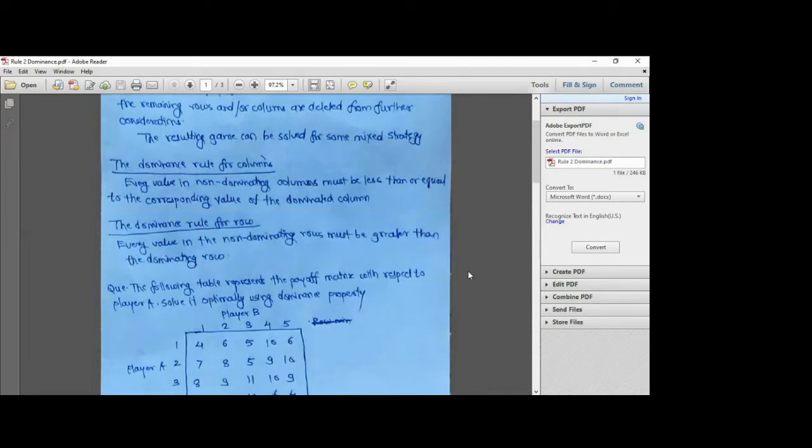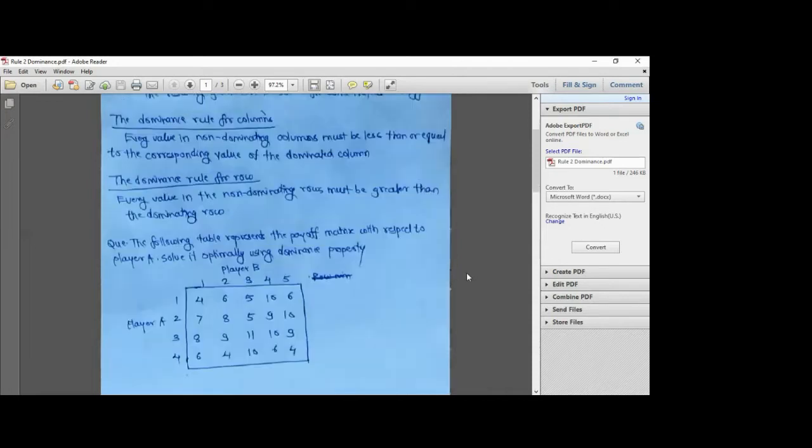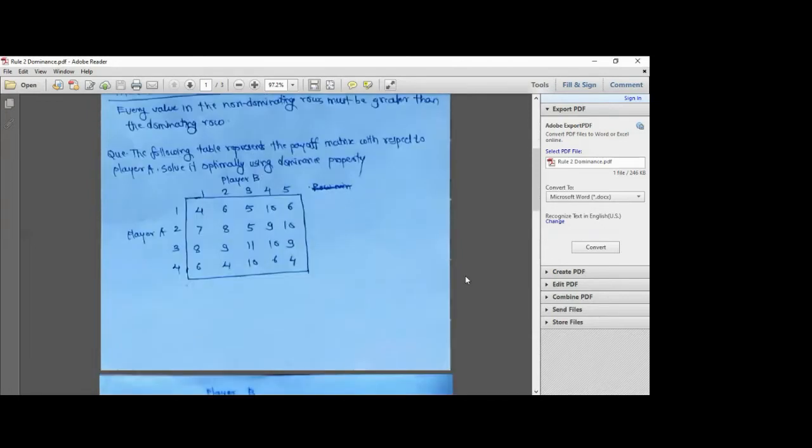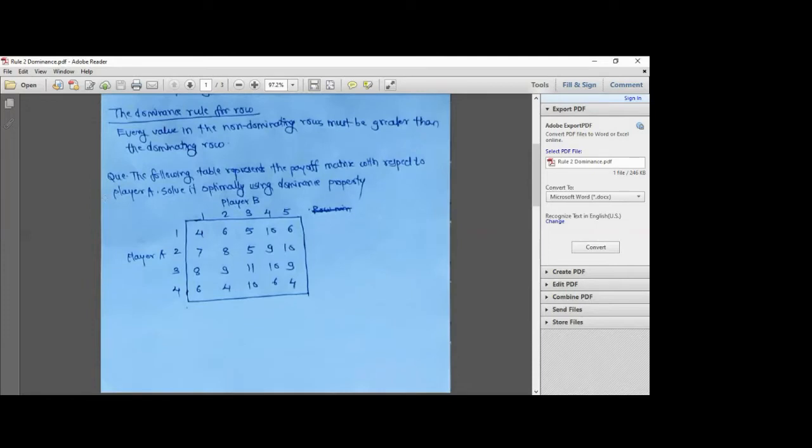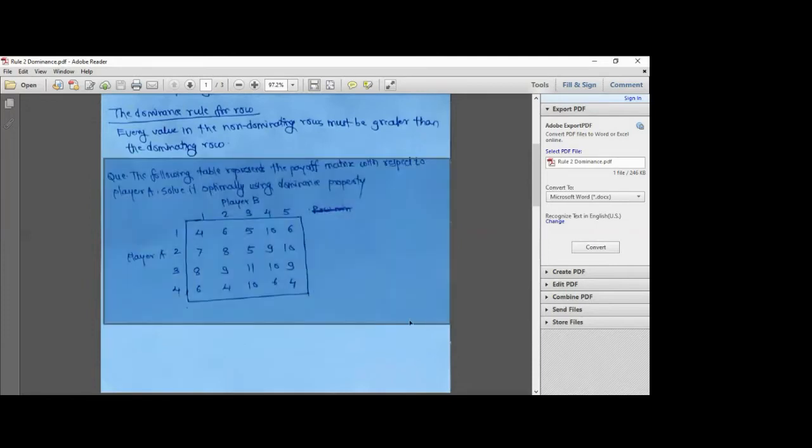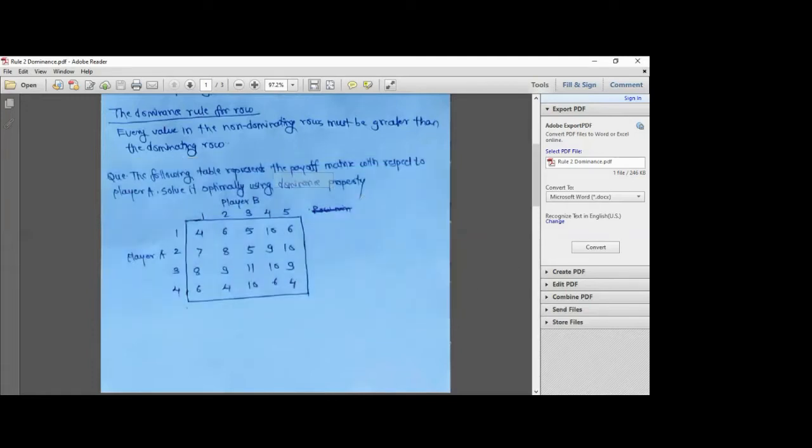Now, when we see the numerical, it will be very easy for you to understand what I was talking about, right? So this is the numerical. The following table represents the payoff matrix with respect to player A. Solve it optimally using the dominance property. But if we do not use the dominance property, how will this numerical get solved?